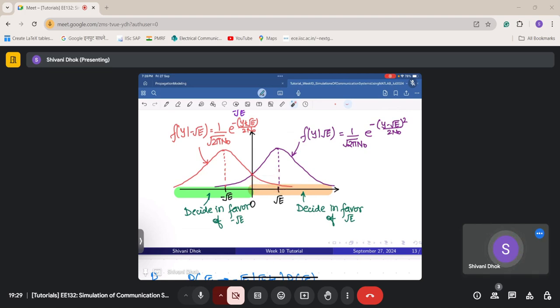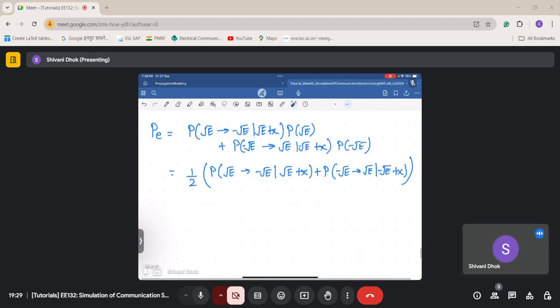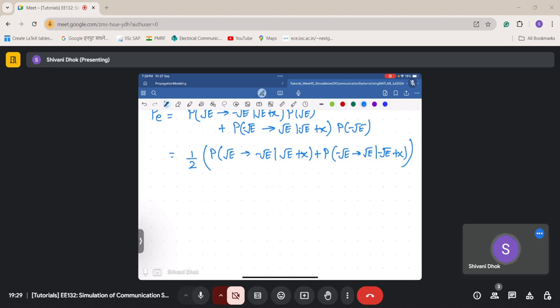Since this plot is symmetric, these two values are equal. As homework, try to figure out both values and show that they are equal. Due to symmetry, both are equal, so this is simply the probability that root e gets converted to minus root e given root e was transmitted.